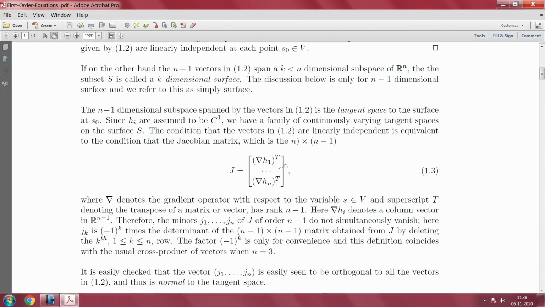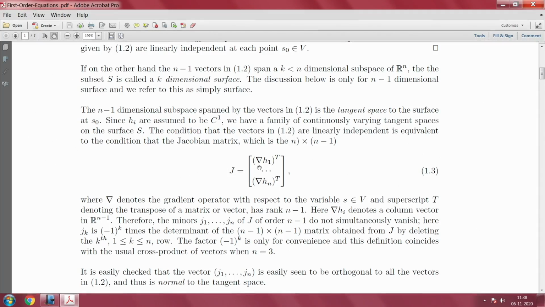So, you take all the minors of this n by n minus 1 matrix of order n minus 1. There are n such matrices, and you take the determinant of all of them.